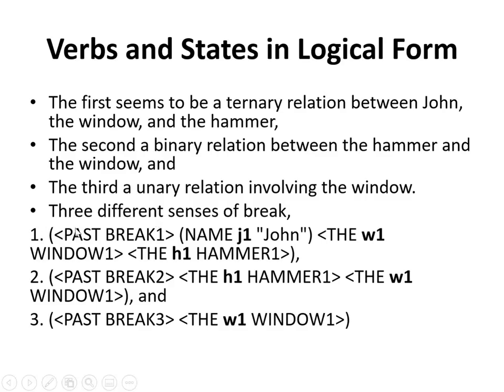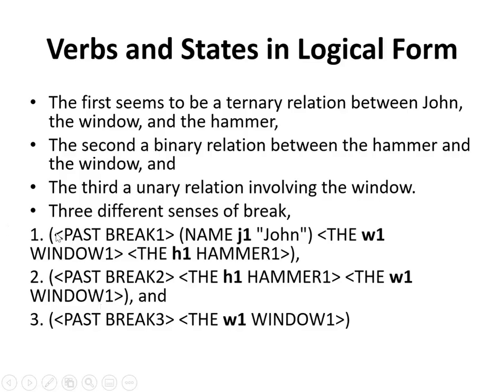So how can we represent these three different senses of break? Broke the window, that's past break 1, then name J1, so John broke the window, W1 window 1, H1 hammer 1. So you have this first. The window is broken by the hammer. Who has broken it? That is John. Then past break 2, the H1 hammer 1, the W1 window 1.